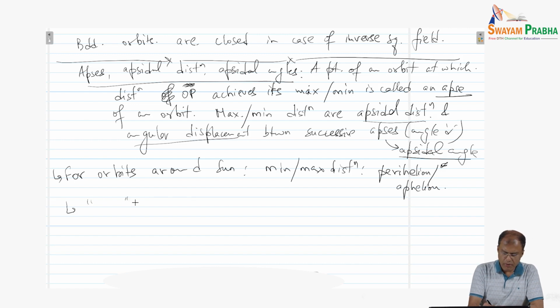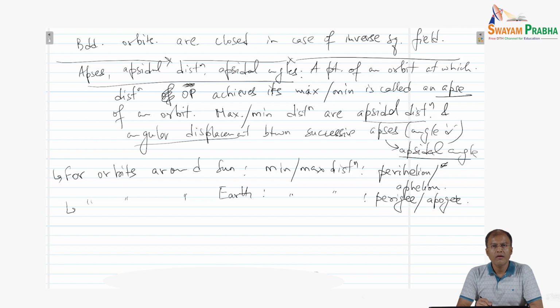And for orbits around the Earth, this minimum and maximum distance is the perigee and the apogee.